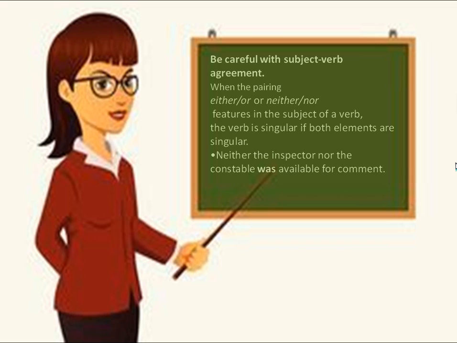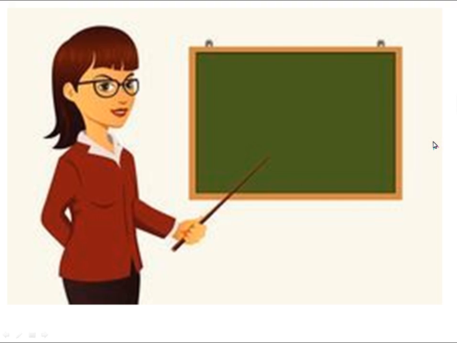However, things get complicated if one of the elements is plural, because there are two conventions related to it. Let's look at what those conventions are. And convention one is your proximity rule. And what does it say? It says that the element nearest the verb determines whether a singular or plural verb would follow.